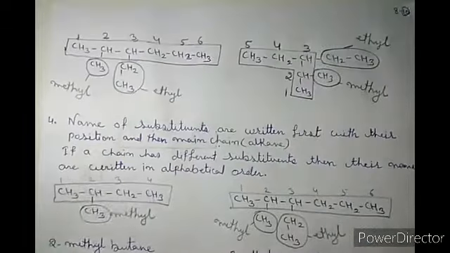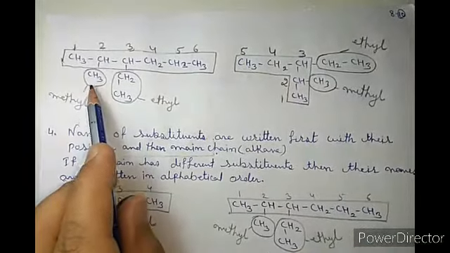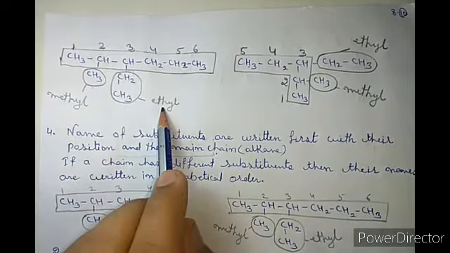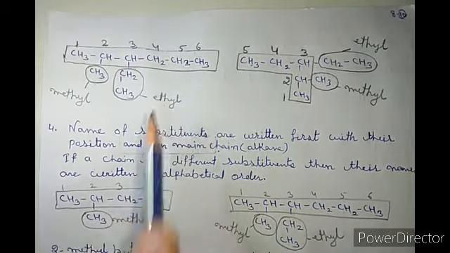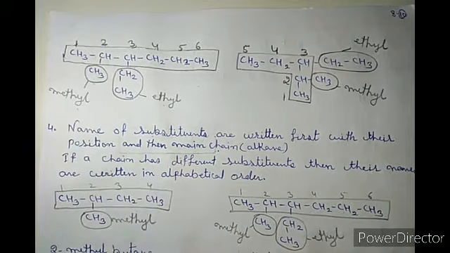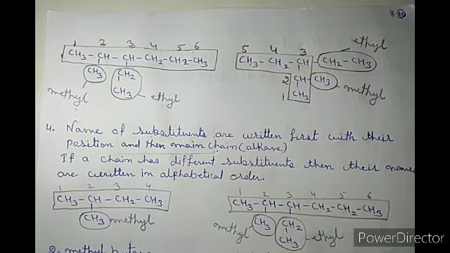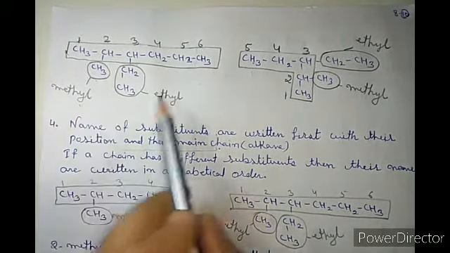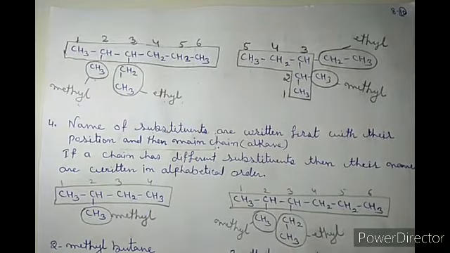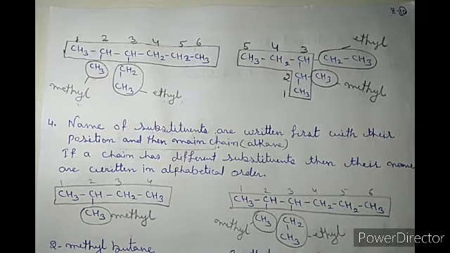In the first example, the methyl and ethyl, that group is called methyl substituent. As we discussed in the derived name system, that is methyl and that is ethyl. M and E, which one comes first? That is E. So we have to start the numbering from that side from which it gets minimum number.